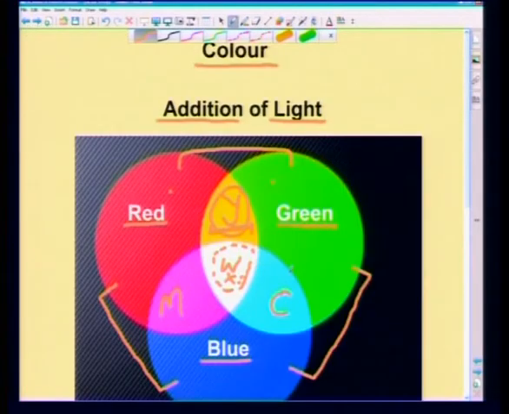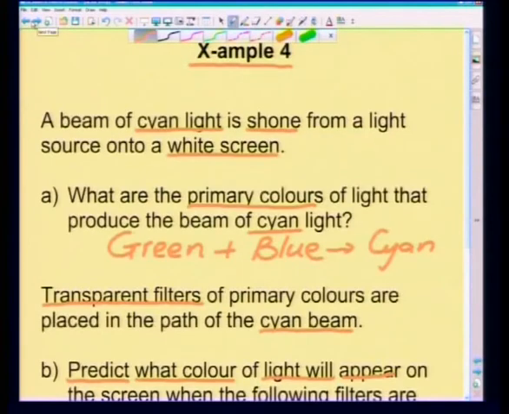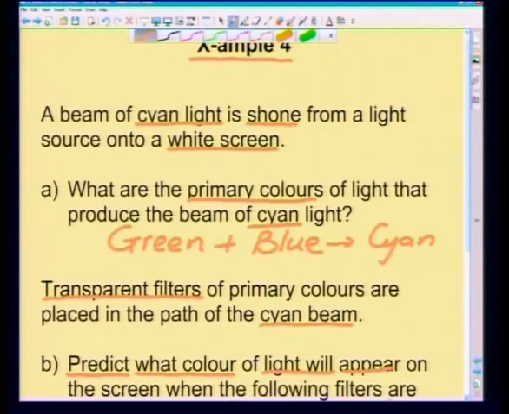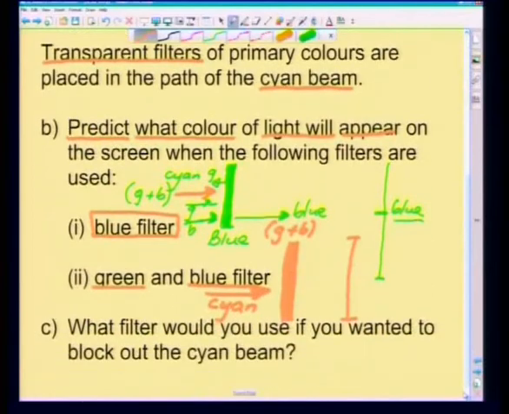There we go. Here is cyan made up of blue and green. Now this filter we're talking about is also made up of green and blue. So green and blue is going to pass through here.